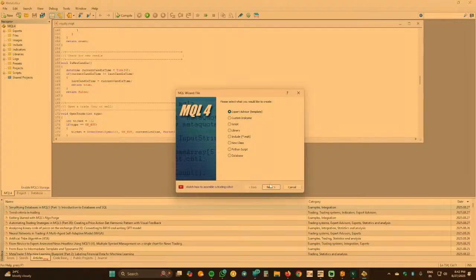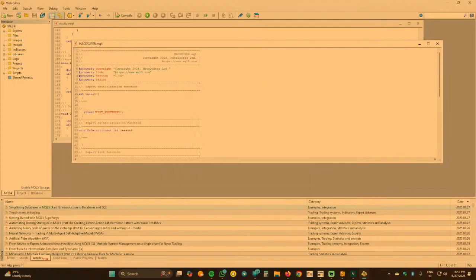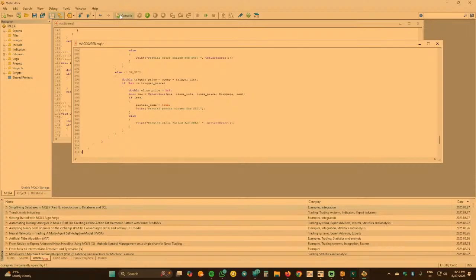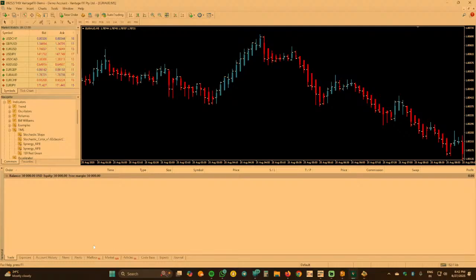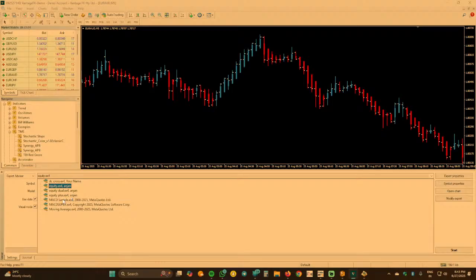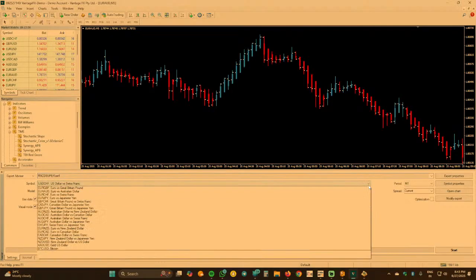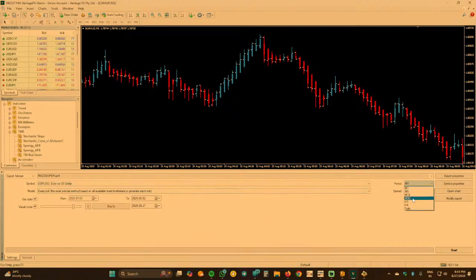We'll create a new expert advisor, name it MACD Super, and then compile it. No errors. So now we'll go back to MT4, select our MACD Super, always start with EURUSD, and select the 1 hour time frame, use date.